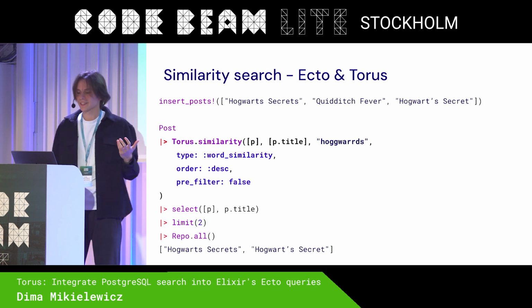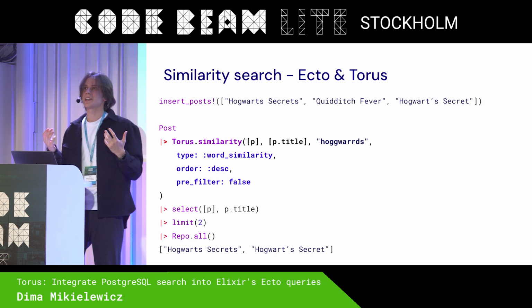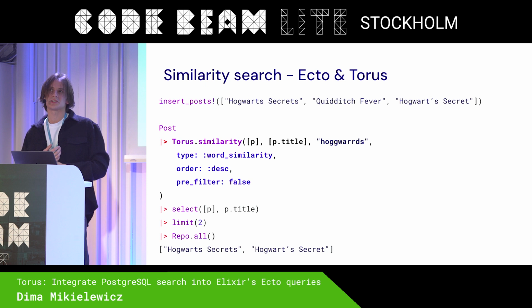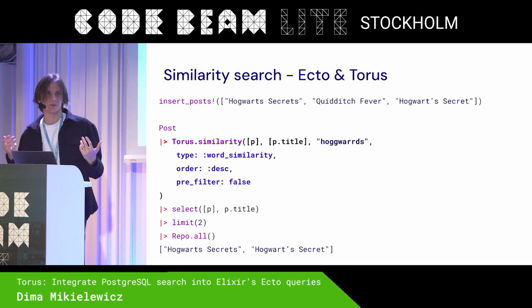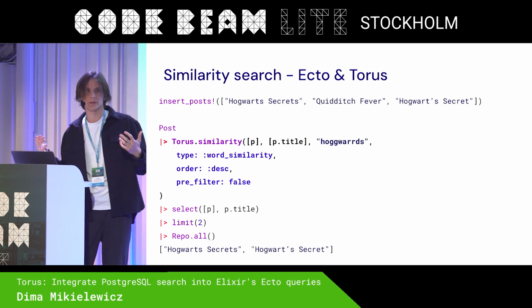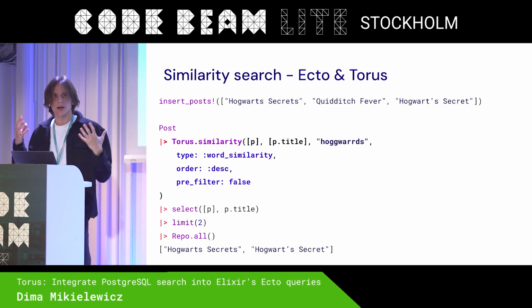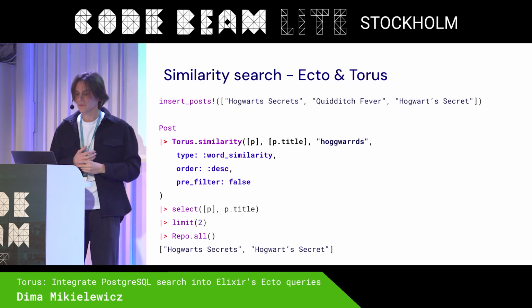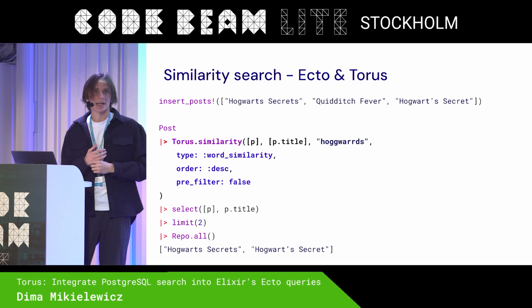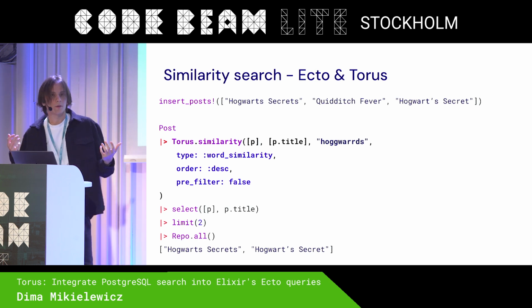And in Torus and Ecto, I won't provide a SQL example just because SQL becomes too complicated for now, because we need to filter and order at the same time. So there are a lot of things that we need to take care of. So I'm just speaking about Ecto and Torus. You would just say Torus similarity.